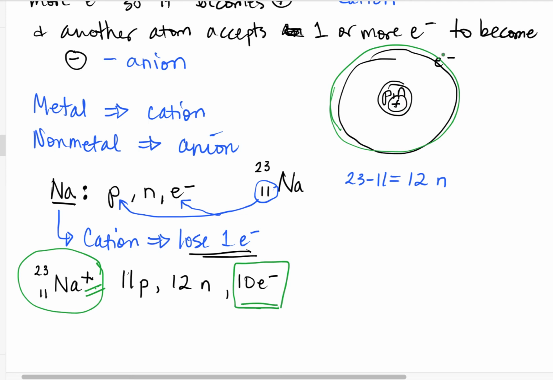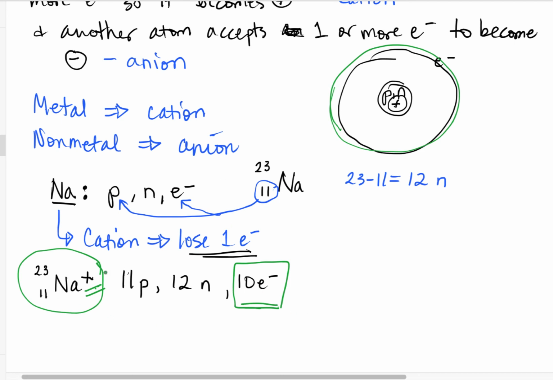You can't do anything to the protons and the neutrons until we start talking about nuclear chemistry, which we won't for a while. Okay? So I want you to really focus on thinking about what that proton and what that neutron, that they are unavailable and only the electrons are involved in making bonds, and only the electrons are involved in making ions.